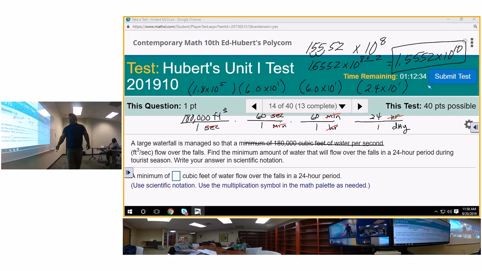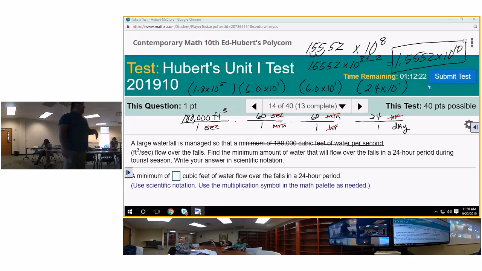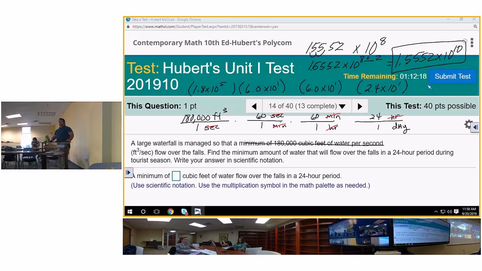Now they say, okay, here's one example where they don't tell you to round. So I'm going to round to 2, and if that's not good enough, then you come see me, and I'll give you credit. If you got it right, I'll give you credit because they don't say.